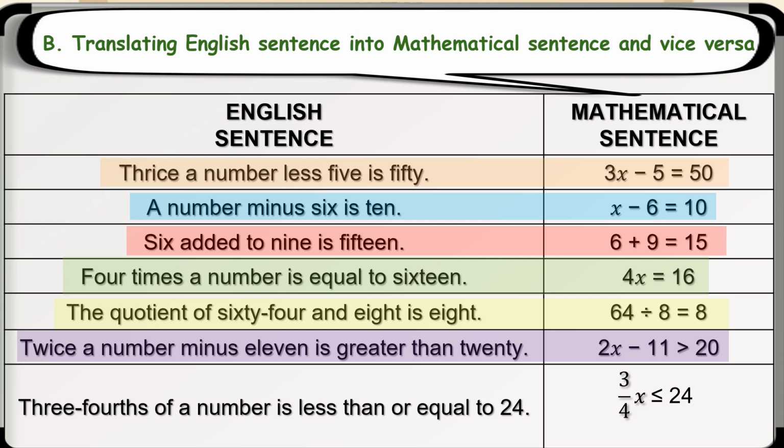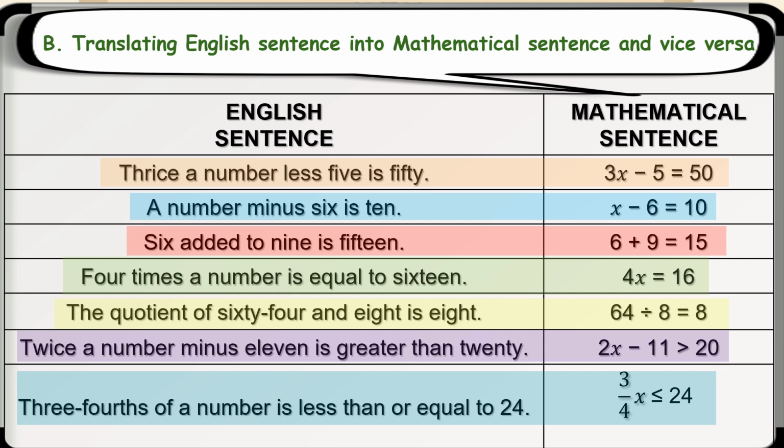And for the last example, 3/4 of a number is less than or equal to 24. Let's analyze the phrase 3/4 of a number. The word of was used to multiply 3/4 to a number that is unknown.